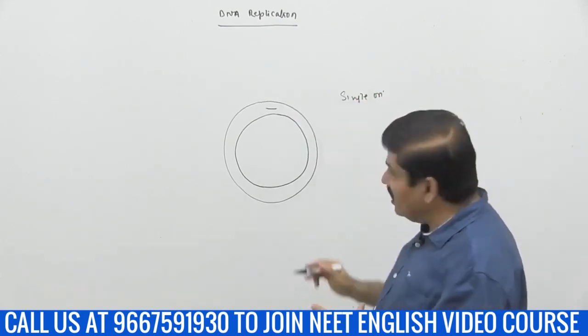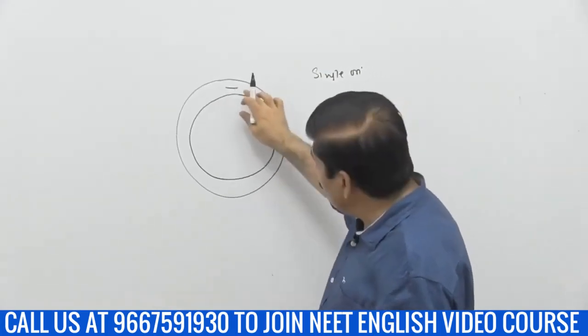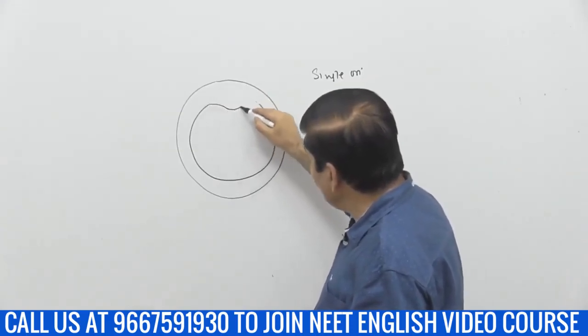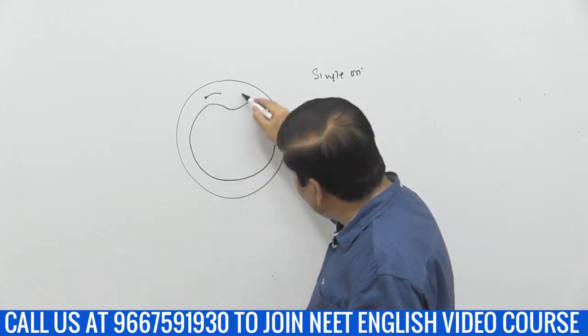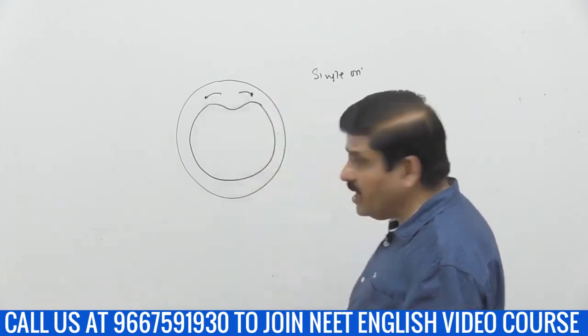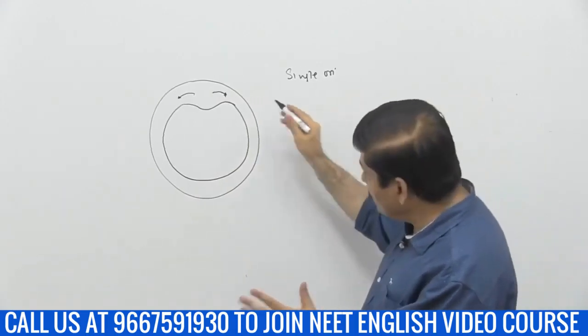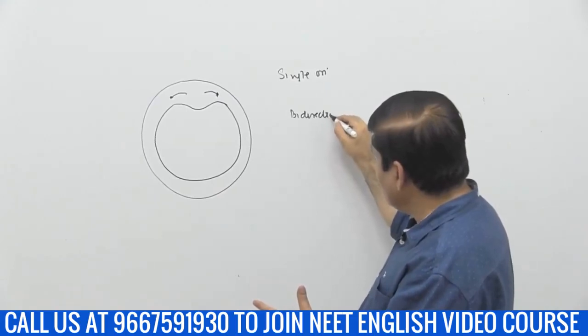If I cut the hydrogen bonds here, you can imagine it will lead to the formation of something like this. You can see that the replication fork moves bidirectionally. So there is a single ori in prokaryotes and replication forks move bidirectionally.